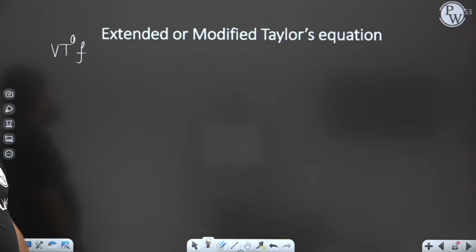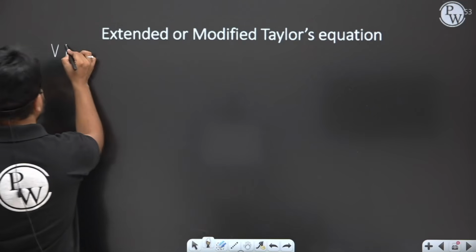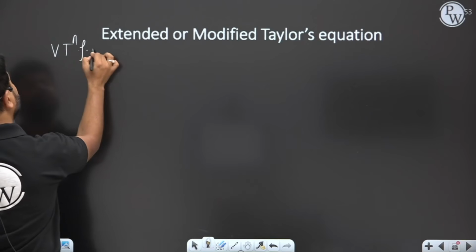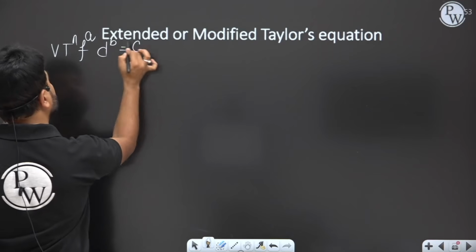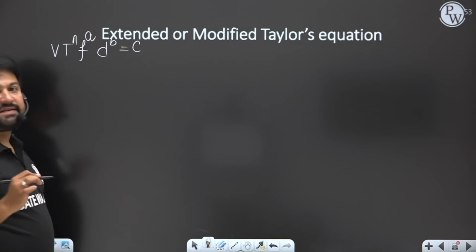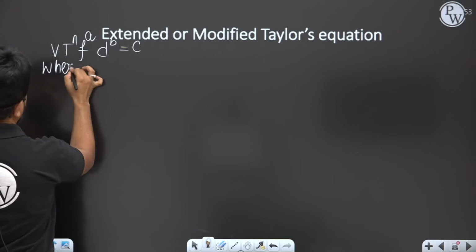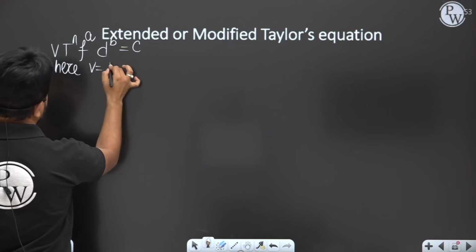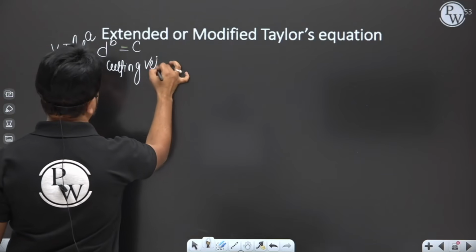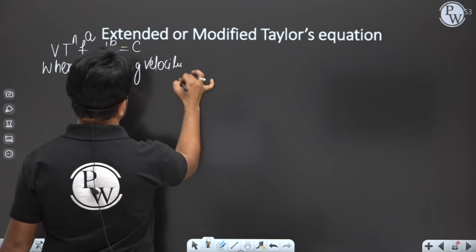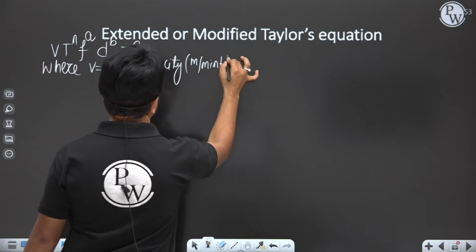Velocity times T to the power n, feed to the power a, depth of cut to the power b, equal to a constant. Here V is the cutting velocity, which should be in meter per minute.